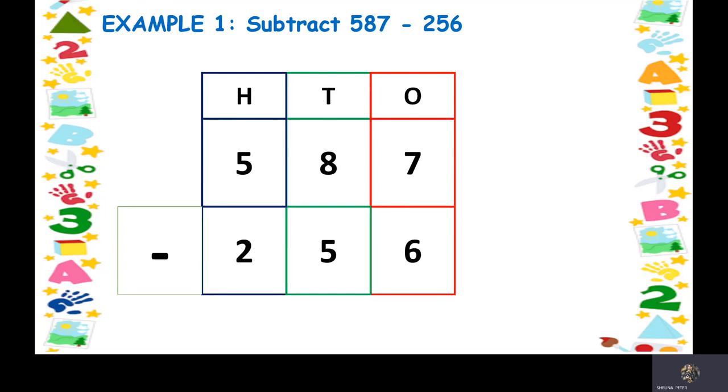That means 7 minus 6 is 1. Let's come to tens place. So we have bigger number 8, smaller number 5. Let's count from smaller number till bigger number on our fingers. That will be 6, 7, 8. So I got 3 as the answer.